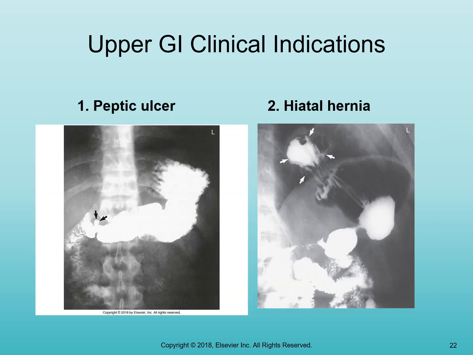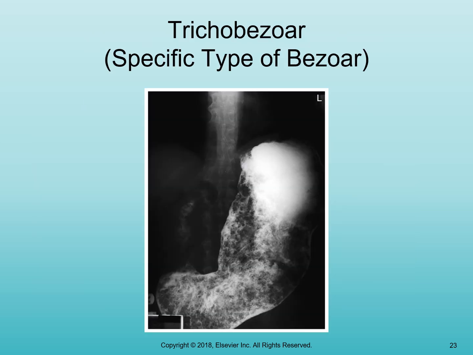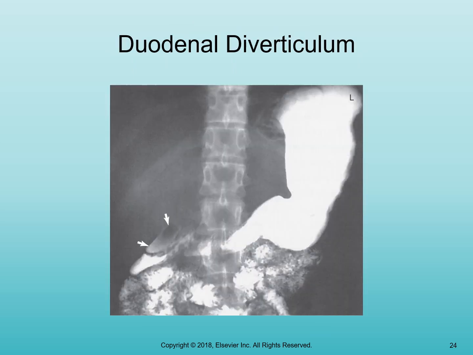These are some images that go along with those pathologies. This is a trichobezoar, which is ingested hair. Diverticula, this is an outpouching of the duodenum. Remember, diverticula are outpouching. Polyps tend to project inward.